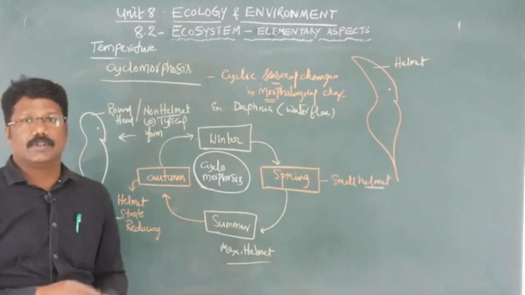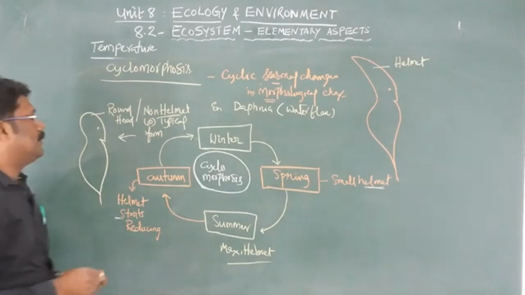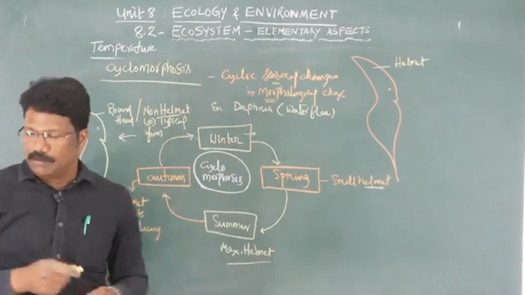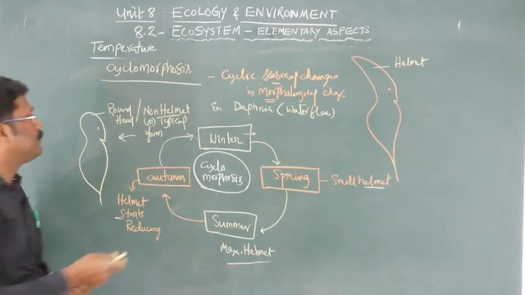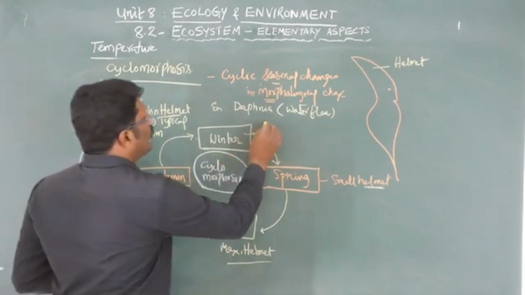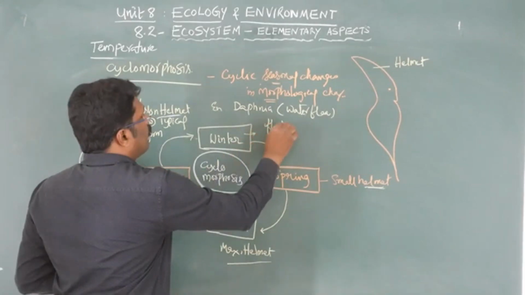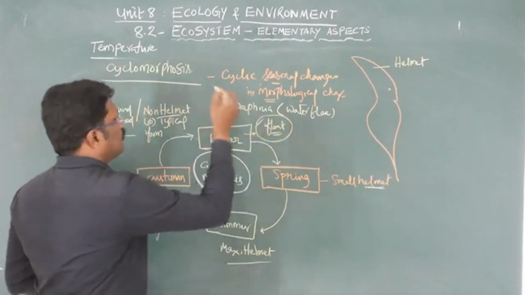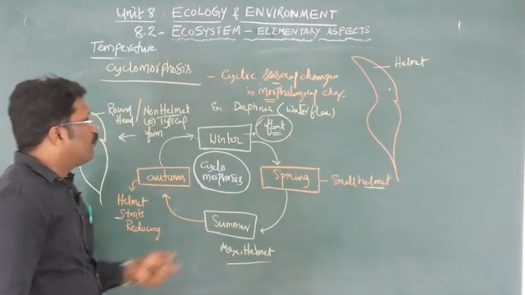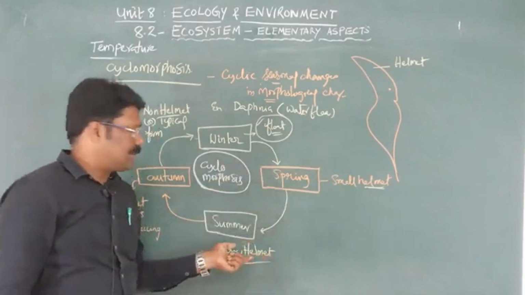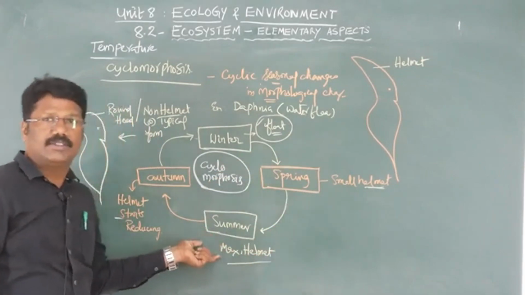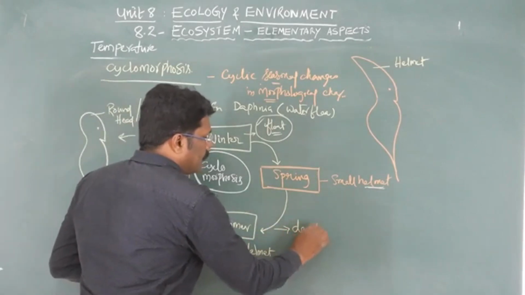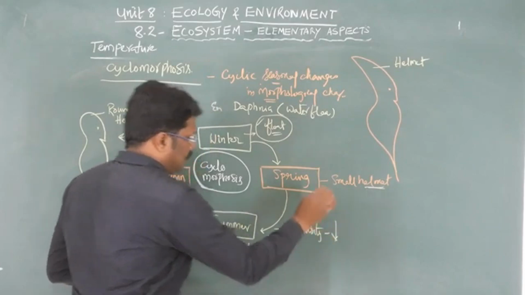And what is the reason for this cyclomorphosis? Let us see. During the winter, the density of water will be very high. So there is no problem of floating on the water. So floating will be no issue for this Daphnia. But as the temperature increases, by the time at summer, the density of water will be very less.